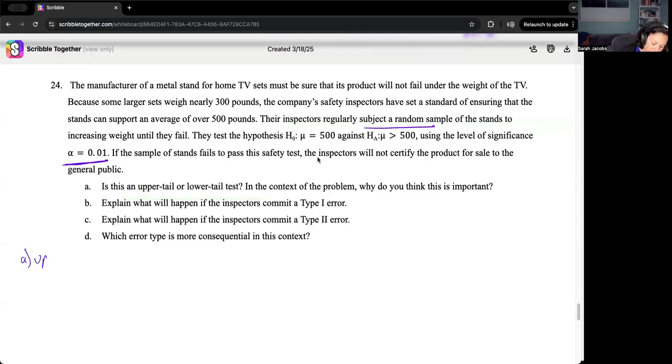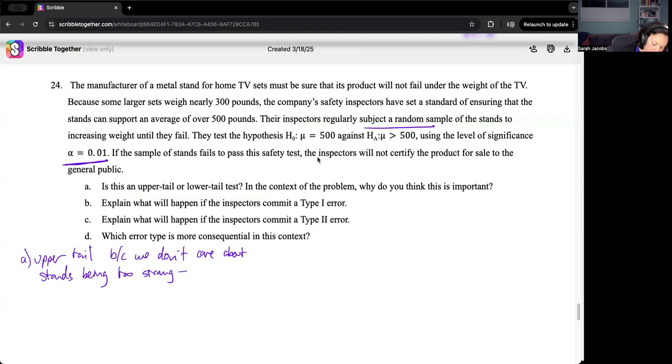So for A, this is an upper tail because we don't care about stands being too strong.